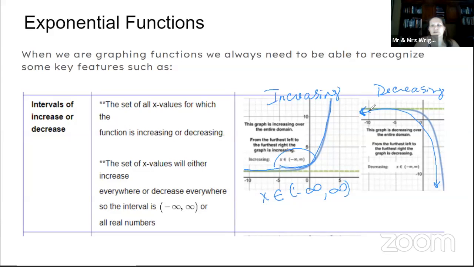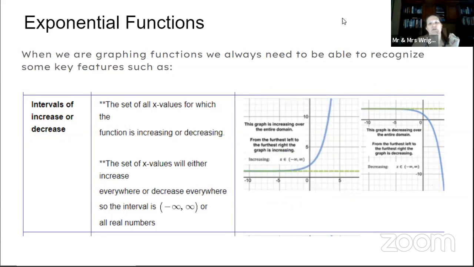So it's continuously going forever and ever to negative infinity, and it's increasing forever and ever to positive infinity in this direction, right? But it's still decreasing over time, because the shape of the graph is decreasing. From negative infinity to positive infinity, the graph is decreasing. It's going downwards in the direction that we read from left to right.